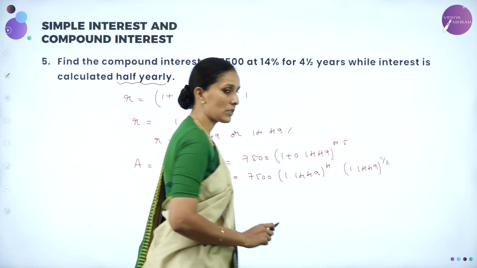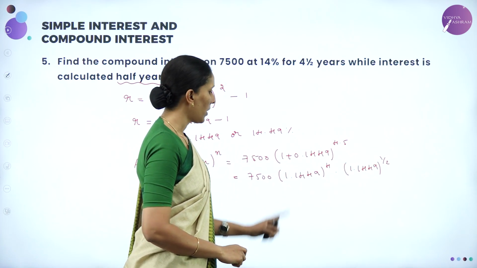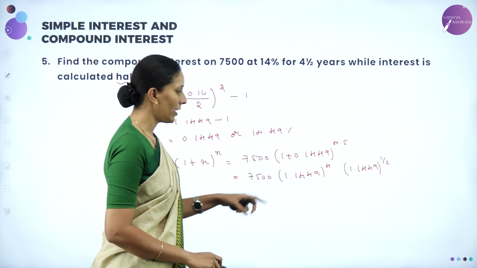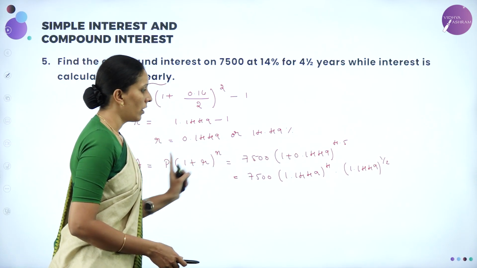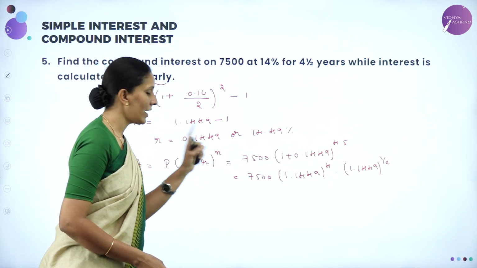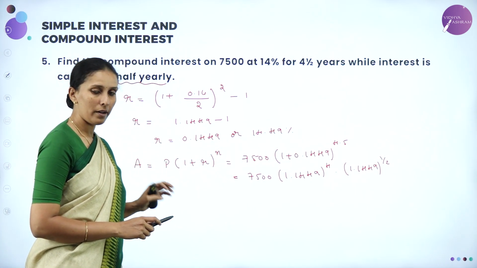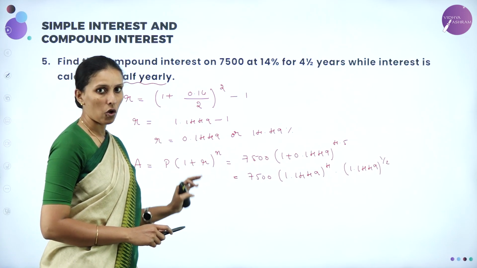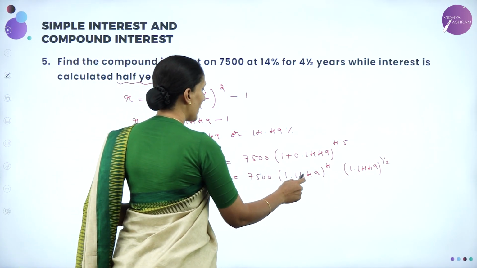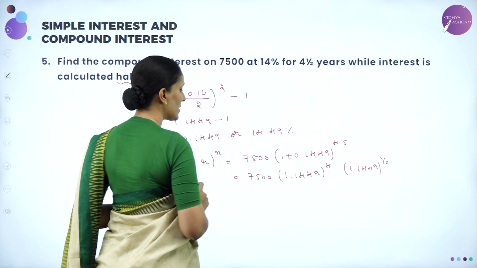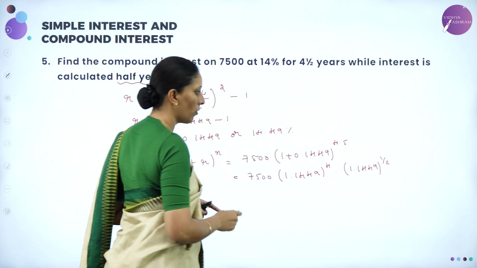Half is nothing but a square root, because 0.5 can be separated as 1 by 2. So we can also use this method, or we can use the log to take 4.5 as a whole number. That is, the index form will be converted into a whole number. Then again, taking log and anti-log also, we can find the value. Now here, multiplying this 4 times, multiplying with 7,500, and here we'll take the square root of 1.1449.